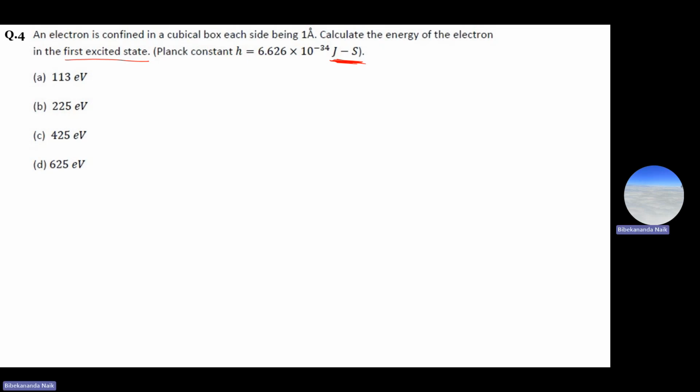So the question is, the electron is confined in a cubical box, each side being 1 angstrom.